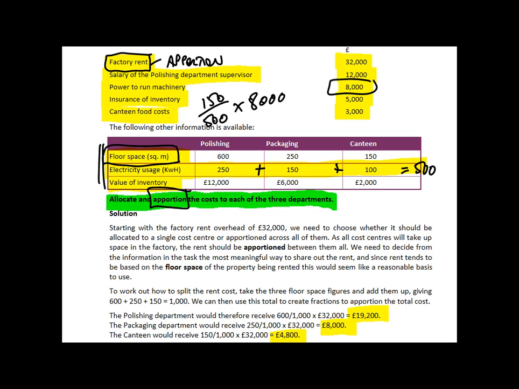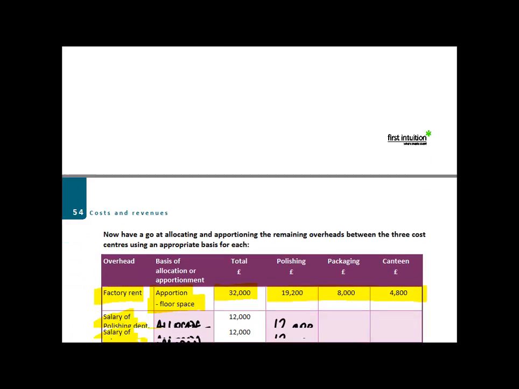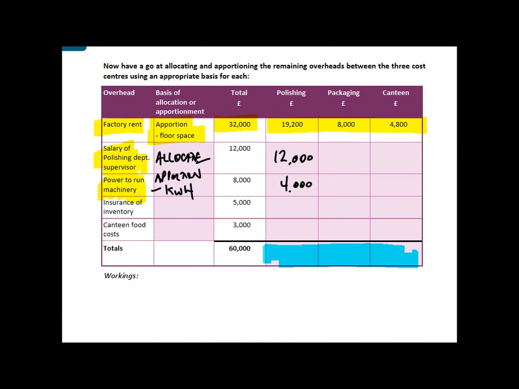If you do 150 divided by 500 on your calculator, I get 0.3. So they've used 30% of the electricity, which if I multiply by 8,000 gives me £2,400 worth of the electricity cost going to the packaging department. So I can put that into my table.